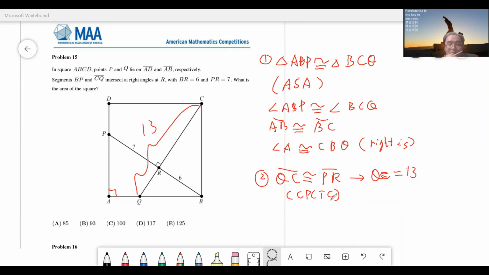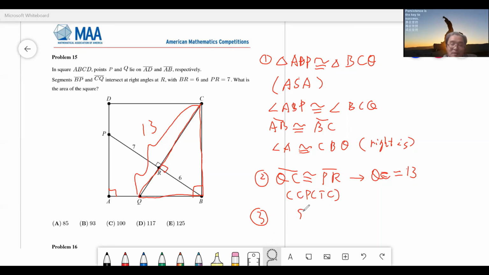Now, does this picture look familiar? We look at triangle BCQ. This is a right triangle, and BR is the height. We know the hypotenuse is 13. There are many ways to solve this one, but I think the geometric mean theorem gives us an easy solution.